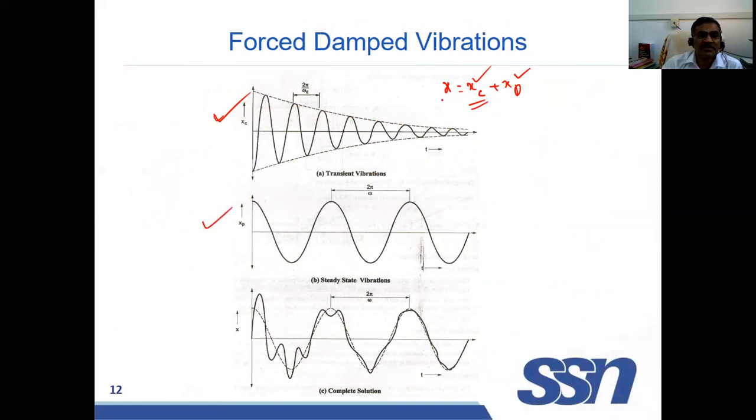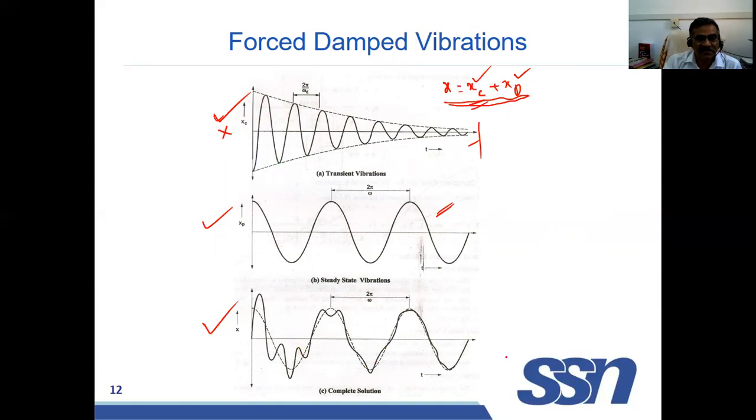Actually, in forced vibration, both are happening together. So if you combine these two, you will get a graph like this, but the transient part will die out as time increases, but this will continue. So for calculation purposes, we are not taking it, since it will die out over a period of time.